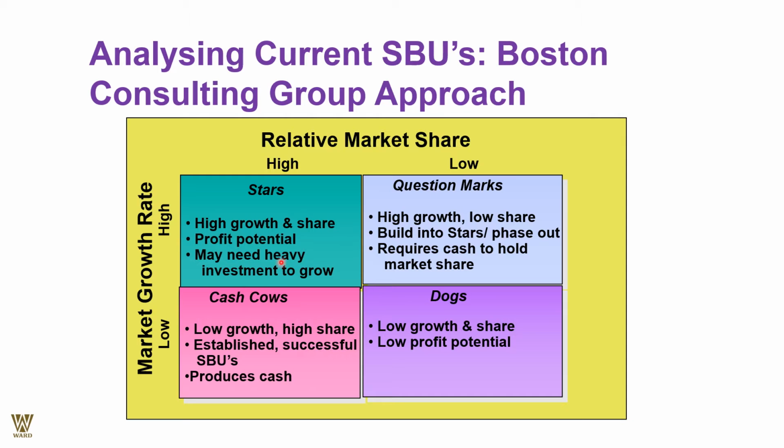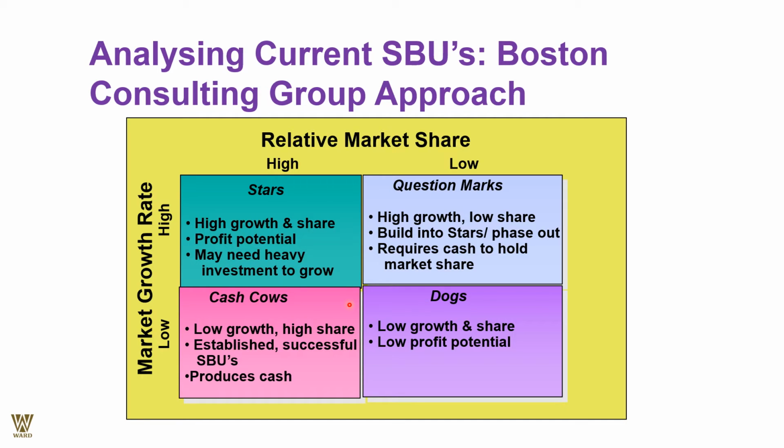Similarly, when the relative market share is very high and the growth rate is very low, what does it mean? Within a market where the growth rate is very low and your market share is very high, you are almost a dominant player in the market. So you don't need to push, you don't need to make an investment, you don't need to shove anything.